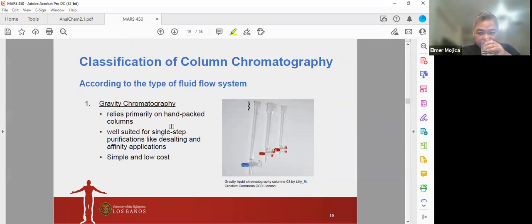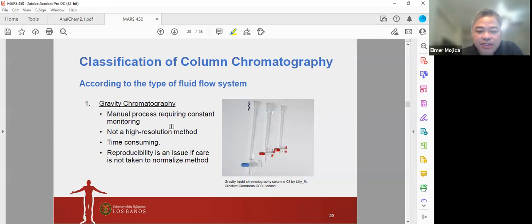This is simple and usually low cost. You just have a column there, you pack it with the solid material, and you pass whatever sample you want to separate. It's a manual process requiring constant monitoring.